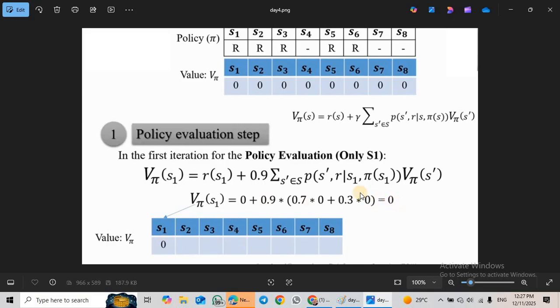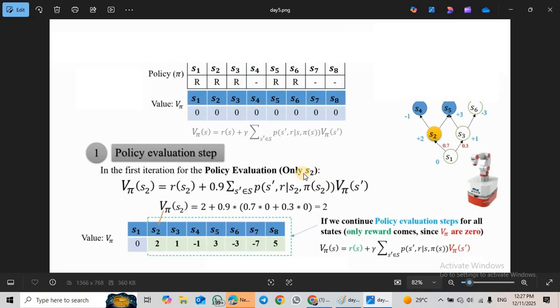Put 0 here. For example, we use S2, state 2, to calculate V pi in the same way. This is the reward plus 2, plus 0.9 gamma, 0.7, 0.3 multiplied by 0, and put it here.